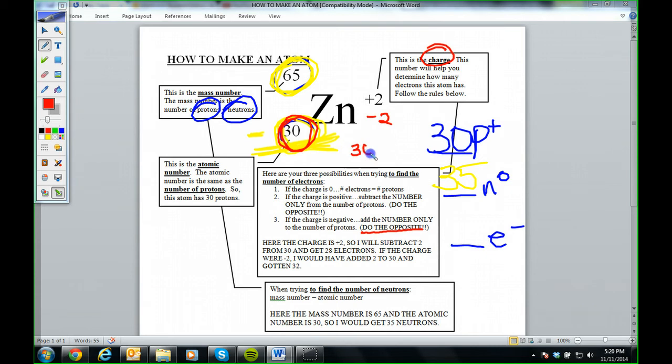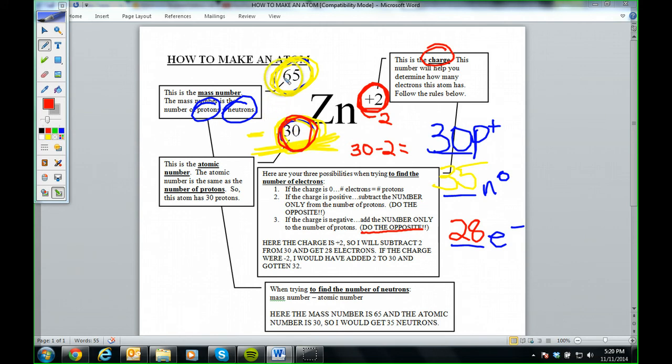So 30 minus 2 is 28. And does that make sense that we have 28 electrons? Well, we have 2 more protons than we do electrons, and for that reason, we have a positive 2 charge. So that is how we are going to figure out protons, neutrons, electrons.